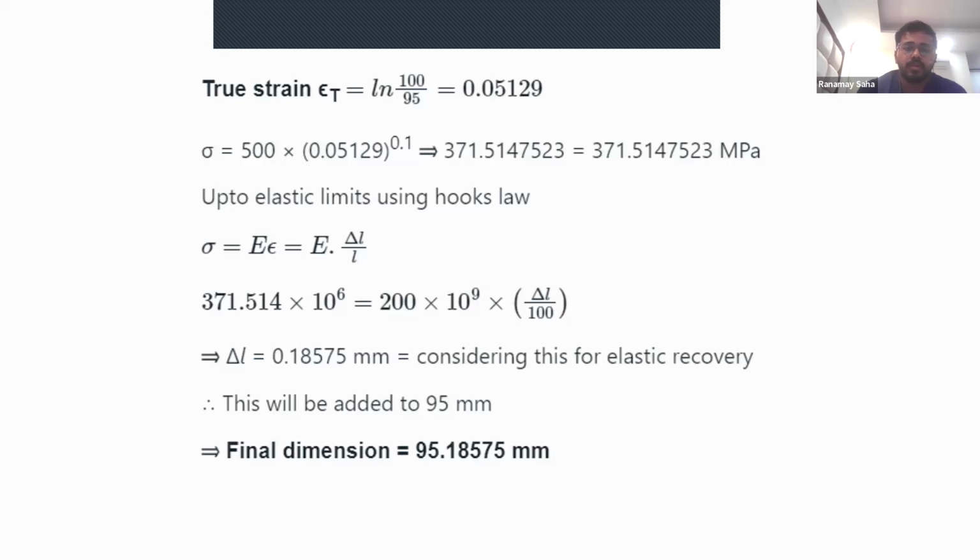Now, using Hooke's law, which holds true up to the elastic limit, sigma equals modulus of elasticity times strain, which is the change in dimension to your original dimension, delta L by L. From that, you can find your delta L. Using delta L, if you know the initial length, you can find out the final length.